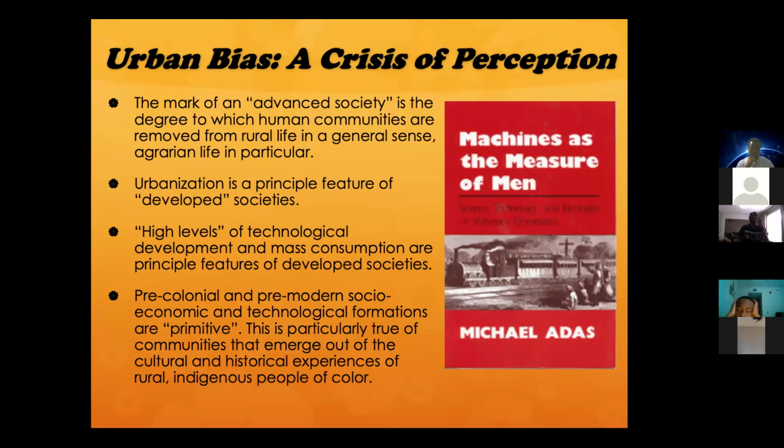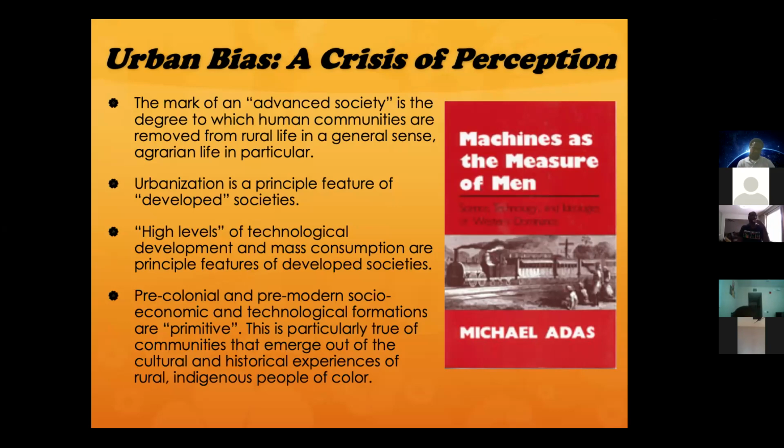Our preoccupation with notions of development that associate urbanization, high levels of technological development, and mass consumerism with advanced societies. So then indigenous people, Black folk in particular, folks from the global South, are perceived as less than and undeveloped when compared to Western Europe and its technological development and expansive industrial economies.